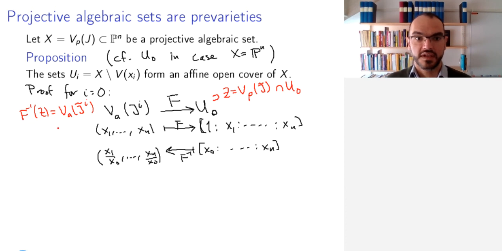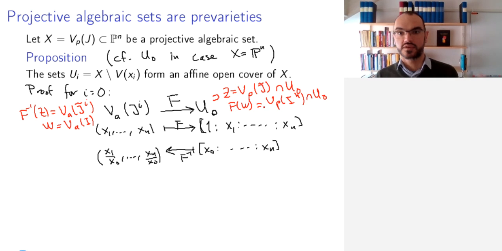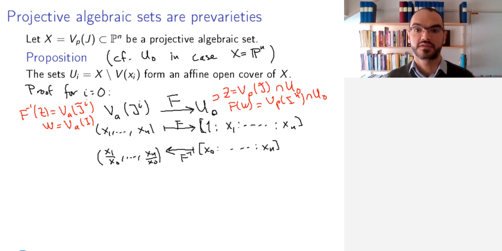And conversely, if you have a set, say W, that is the affine zero set of some ideal I, then f of W is going to be the projective zero set of the homogenization of I intersected with U0. So closed sets correspond to closed sets, and so both f and f inverse are continuous.